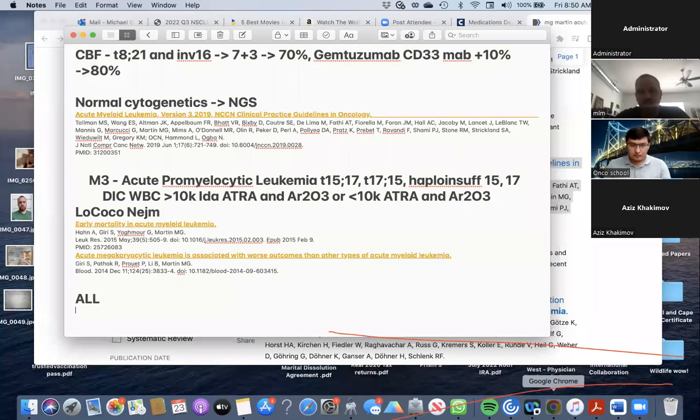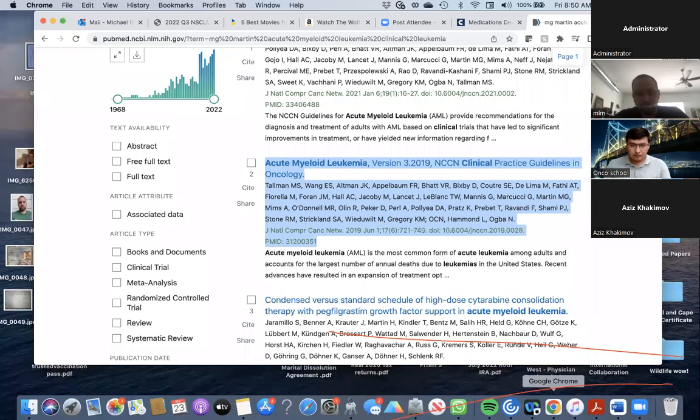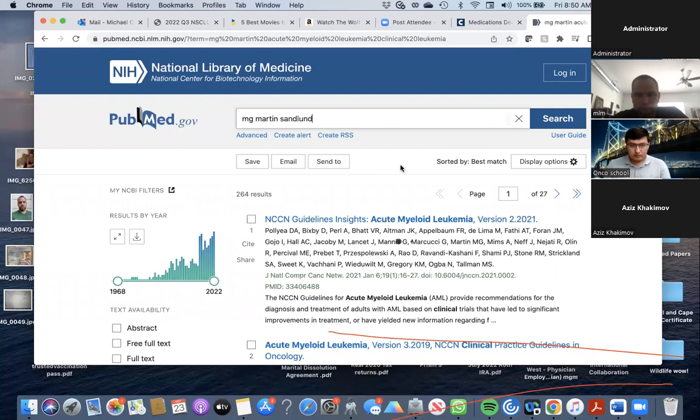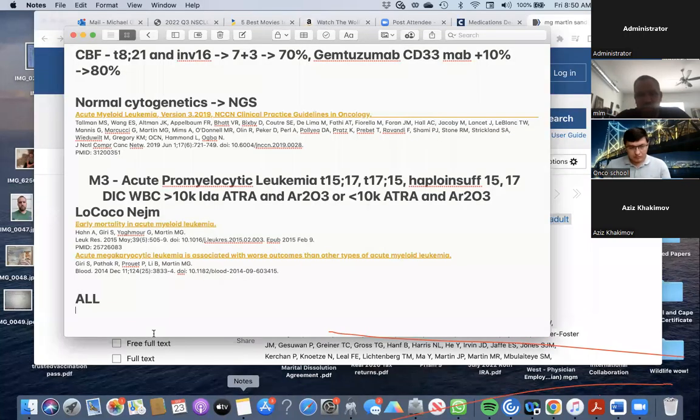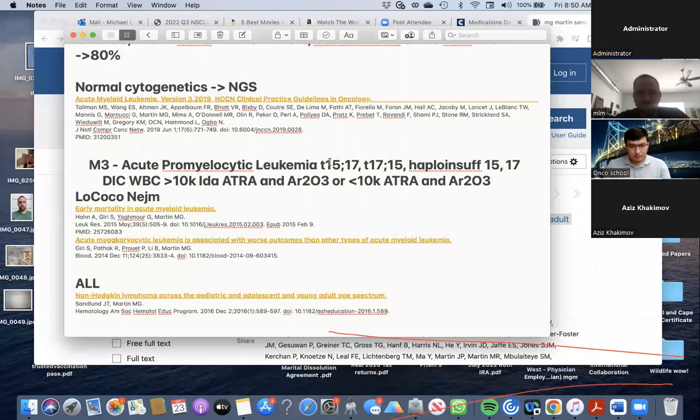Here is a paper going through the differences in lymphoid and myeloid diseases across the age spectrum, explaining how lymphomas and leukemias change over a patient's age. And again, that's another reference from another paper I've published.